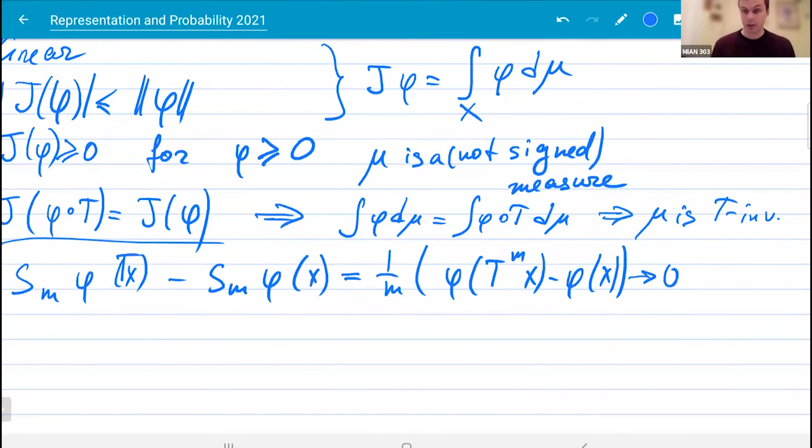If for any continuous function this is true, then for any measurable function, say any function from L1, this is also true, because you can approximate any function by functions in L1. And if this is true for any function in L1, in particular it holds for indicator functions, and therefore the measure of each set equals the measure of its preimage. This is the proof of this part. And so we have constructed this invariant measure.